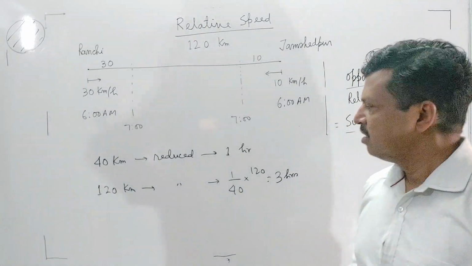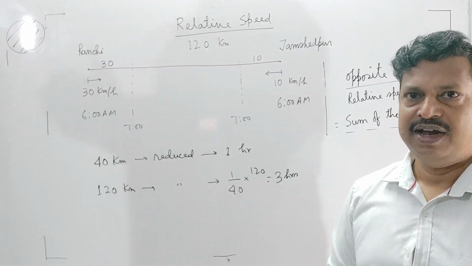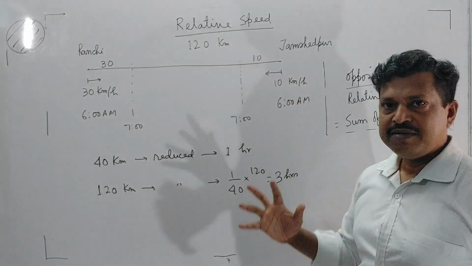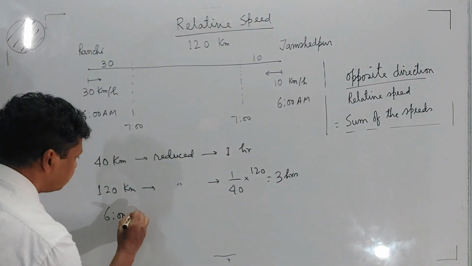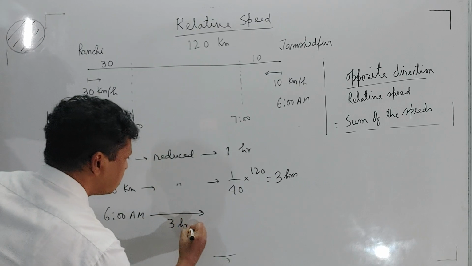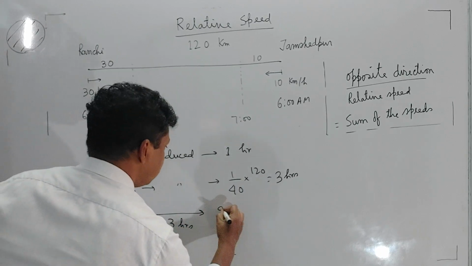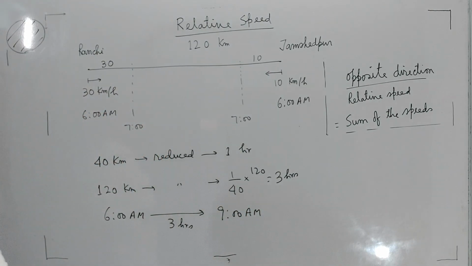So that means after 3 hours they'll meet. At what time will they meet? It was 6 a.m., so there is a gap of 3 hours. They'll meet at 6 plus 3, 9 a.m. I hope this is clear to you.